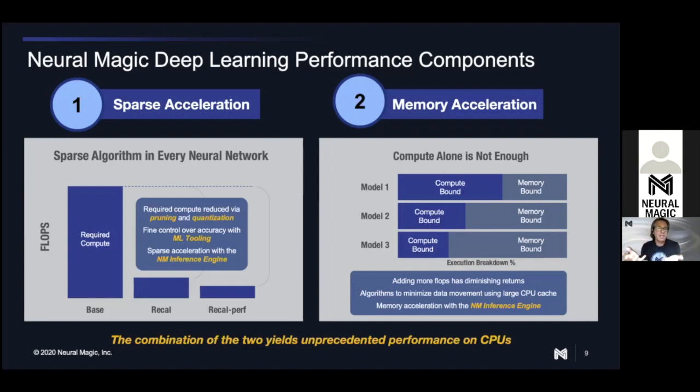Suffice to say, it's the combination of these two, sparse acceleration and memory acceleration, that is how we generate unprecedented performance for CPUs and allow you to take advantage of this abundant resource that might be in your reserve fleet in the cloud, or might be on your desktop workstation sitting underneath where you sit every day. So lots of interesting pieces here. The net of it is we reduce the amount of compute, get speed from that, but also make the model more memory bound and accelerate the memory-bound components and get performance from that. And that's how we get performance overall.